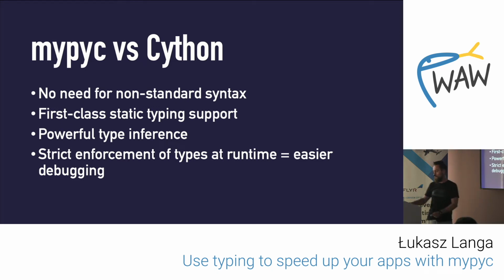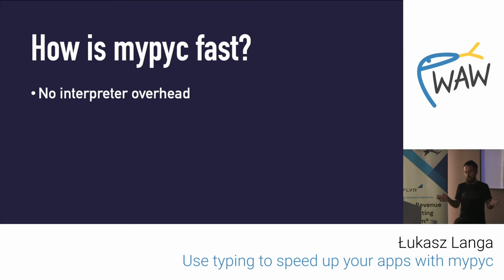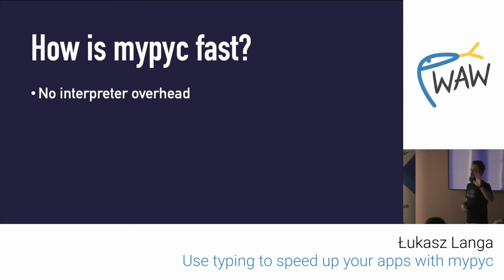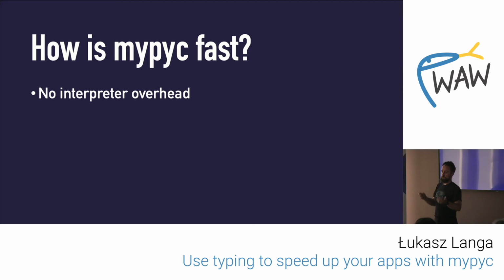So how is mypyc fast? Well, first of all, even Cython code, where you just take a literal .py file, change its extension, and give it to the Cython compiler, will do the same. It'll already be a little faster because there's no interpreter overhead. What Python does when it sees a .py file is translate your code to bytecode for a stack-based interpreter that we have internally.